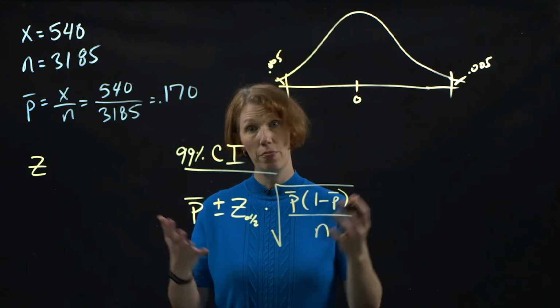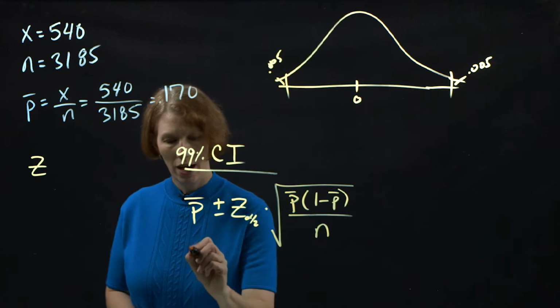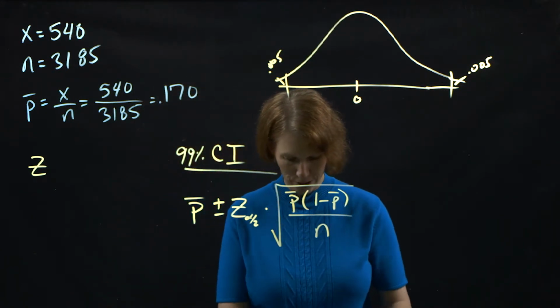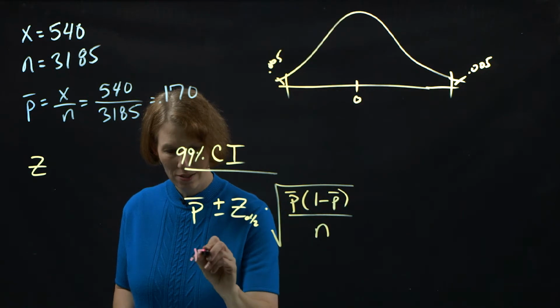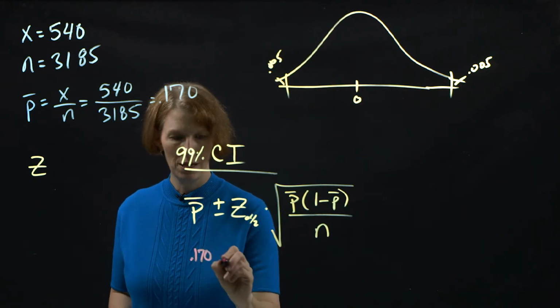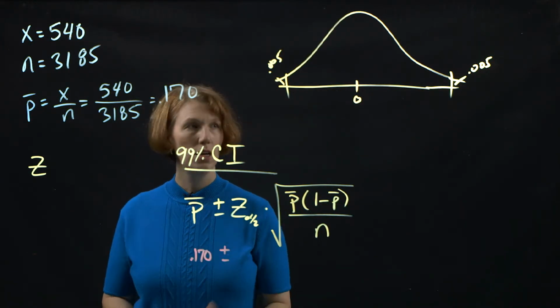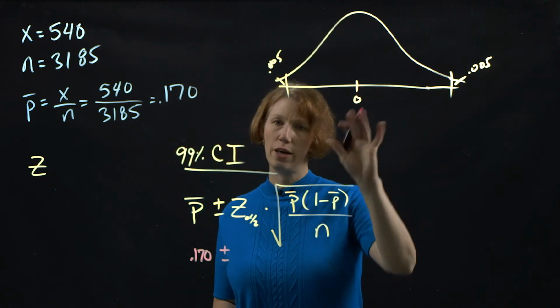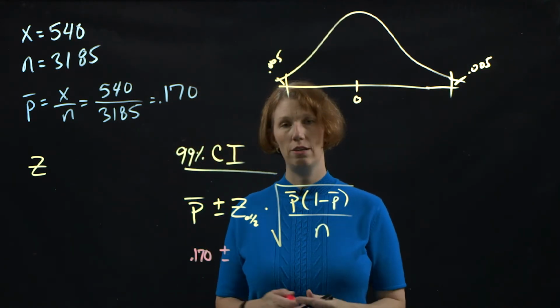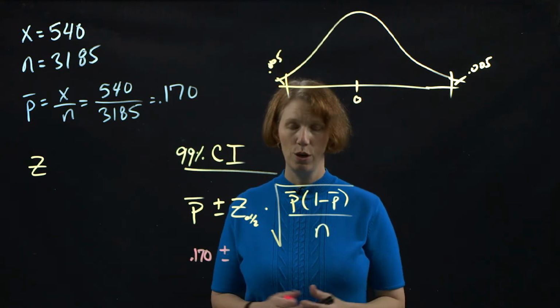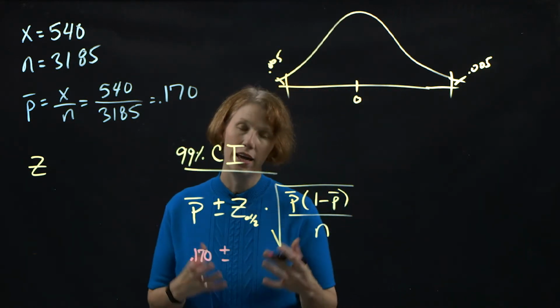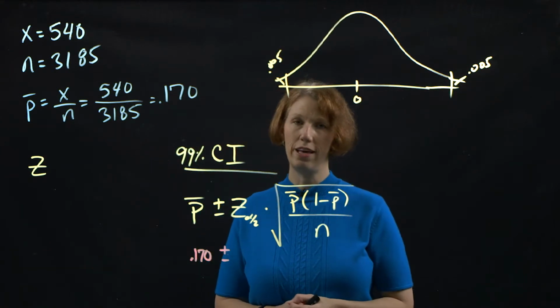And now we can put the pieces together. So we have 0.17, which is our point estimate, plus or minus. Now, to find the value of z, we could go to either a standard normal table in a textbook, or we can use Excel in order to arrive at the value.